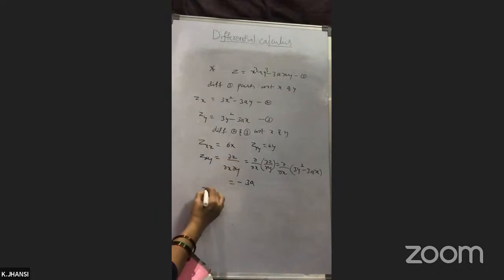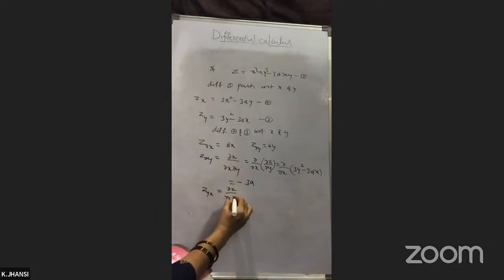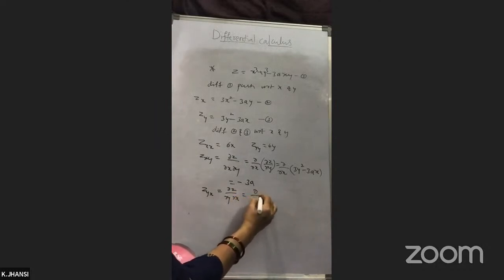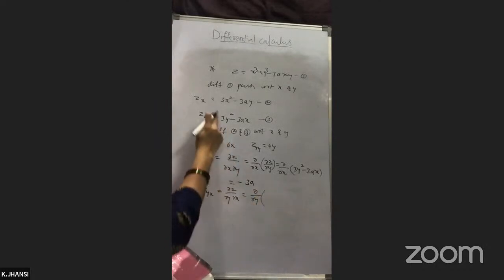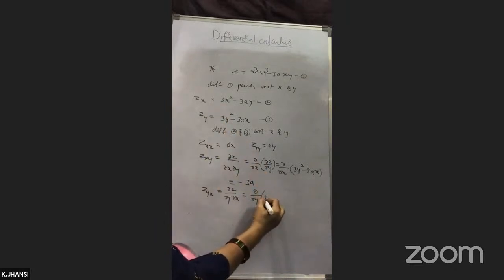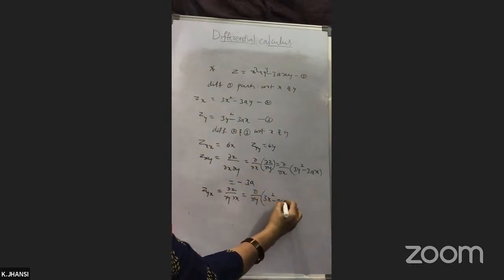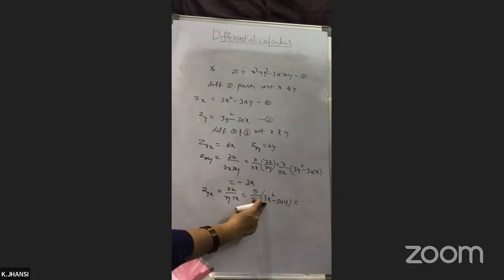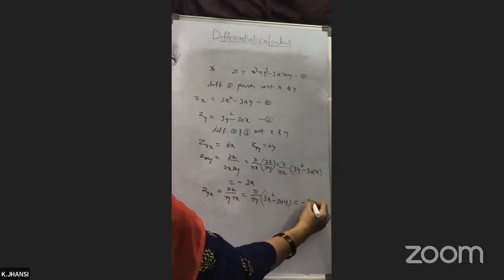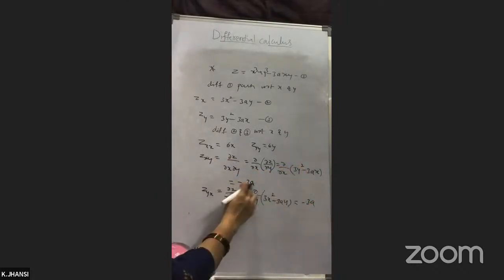Next, if you do zyx, that means dou z by dou y into dou x, that is dou by dou y of, what is the dou z by dou x value? This one, that is 3x square minus 3ay. Here the y term is not there, so this value is 0, and here the y term is there, and that y value is 1. So the answer is minus 3a. So both the values are the same, no?